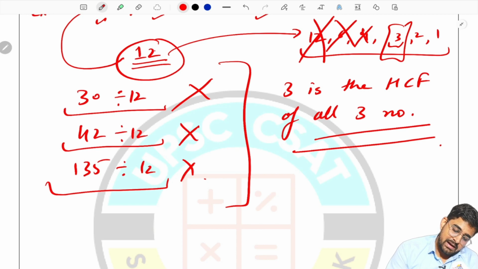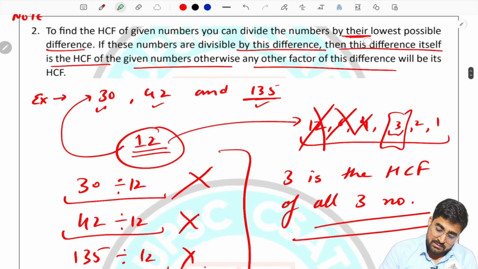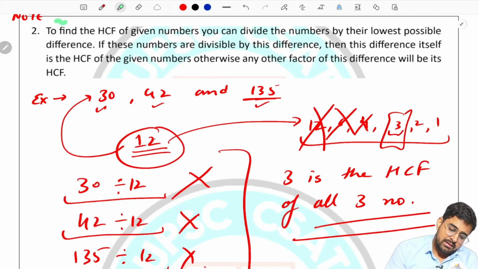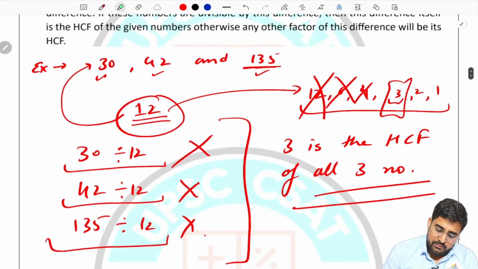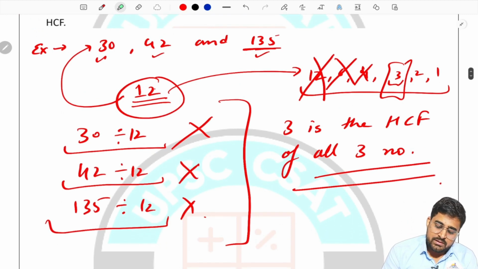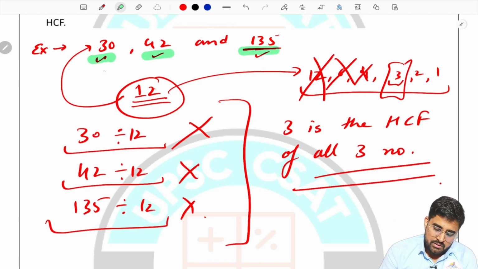For better understanding, I will repeat myself. What does this statement say, don't fall in the statement. Try to understand. If you have three numbers, the first step is to compare them with respect to their differences. Take the lowest possible difference.